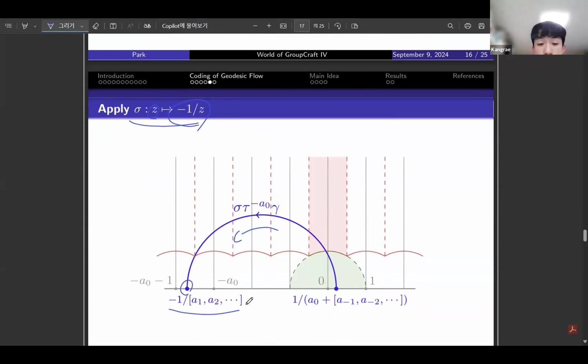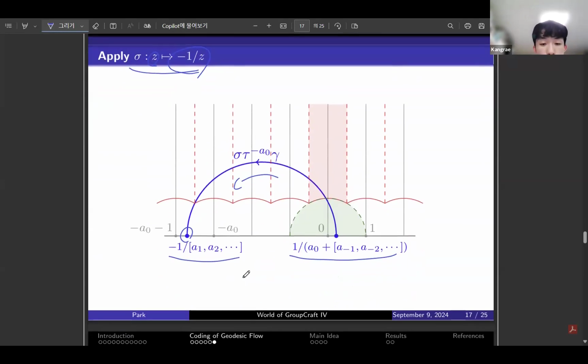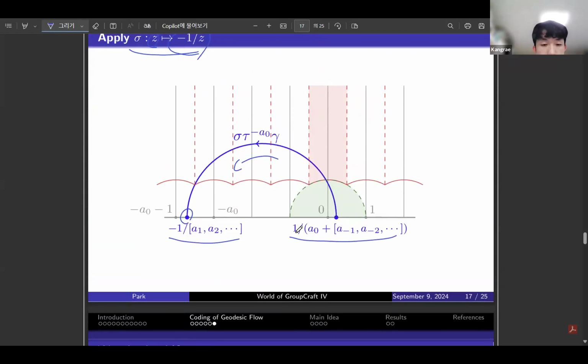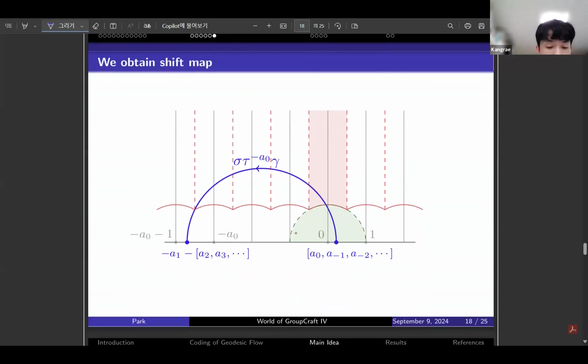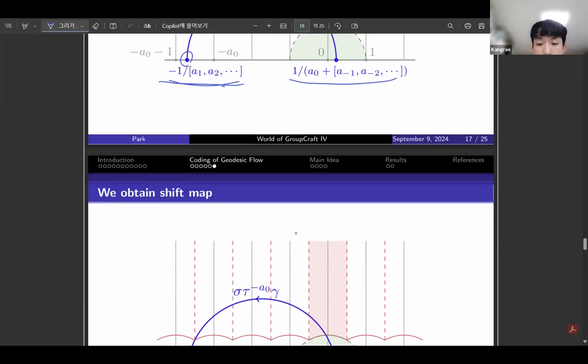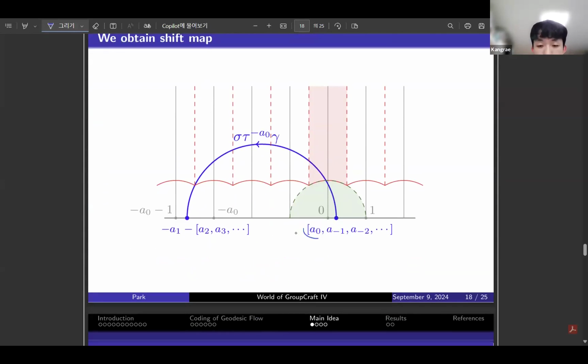And when we calculate these new coordinates, this coordinate becomes minus a_1 minus continued fraction [a_2, a_3, and so on], while the right one, 1 over a_0 plus continued fraction [a_{-1}, a_{-2}, and so on], becomes just a continued fraction starting from a_0.